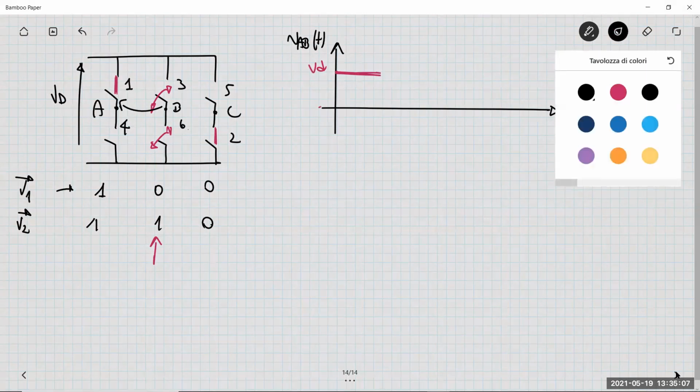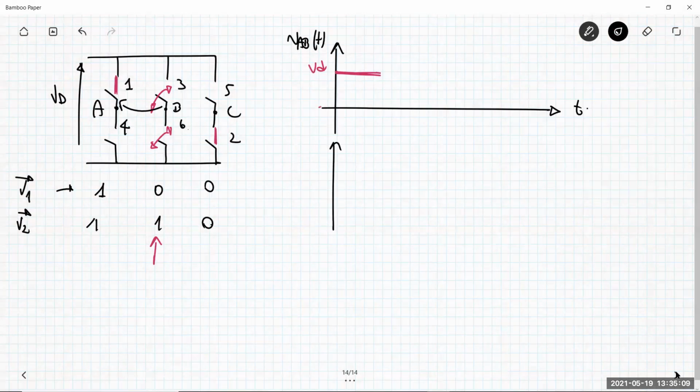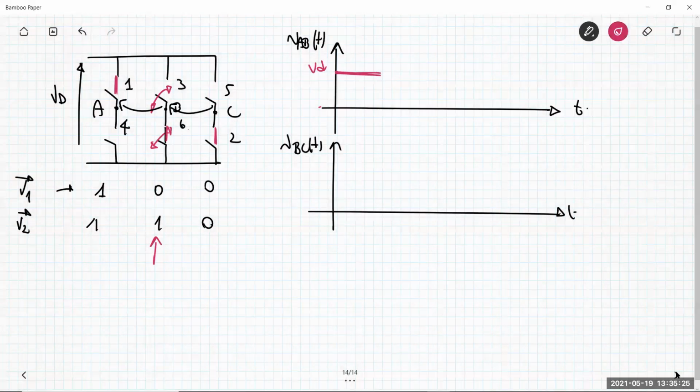What happens to VBC? VBC is this voltage here, and this is 0, so it means that this is closed.